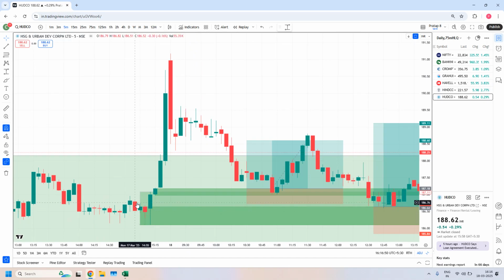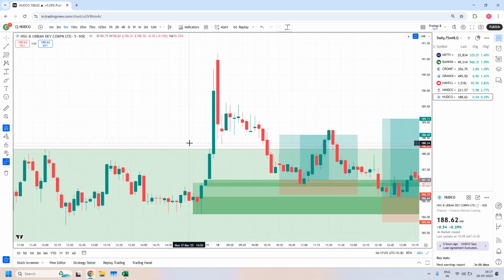Okay, second one, we don't have any doubt, very clear. First one, some of you may feel this could be a medium size leg candle. Or some of you, or majority of us, may feel it is a narrow range candle.